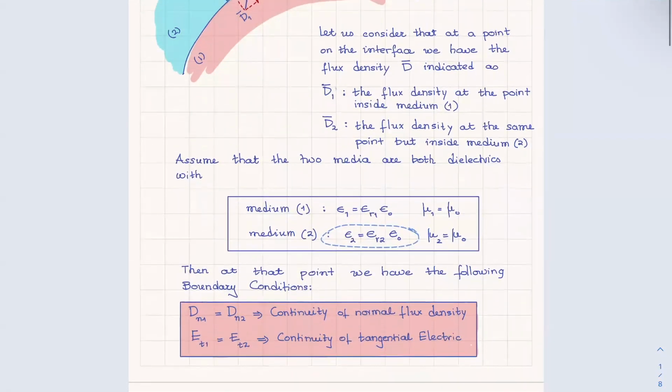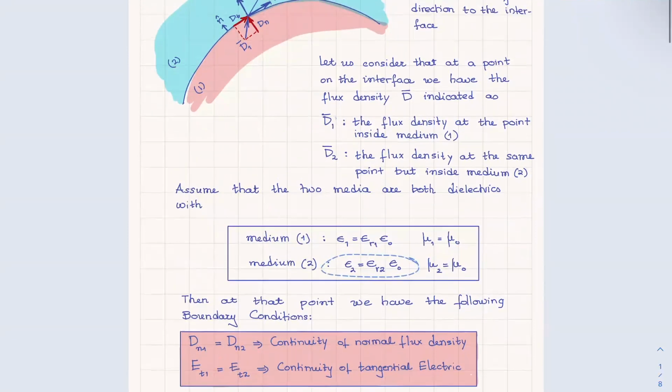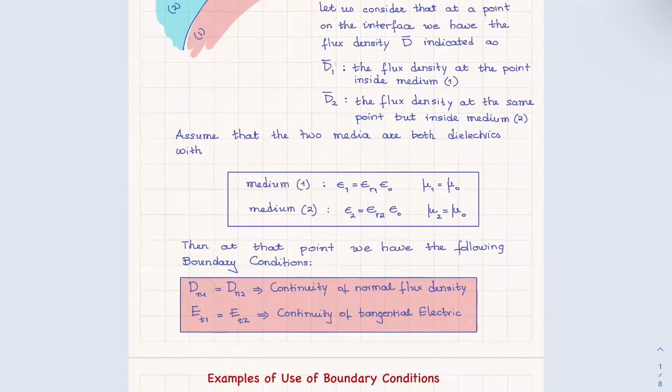So according to the boundary conditions at that point on the interface, we have continuity of the normal component of the electric flux density, and then we have continuity of the tangential component of the electric field intensity.